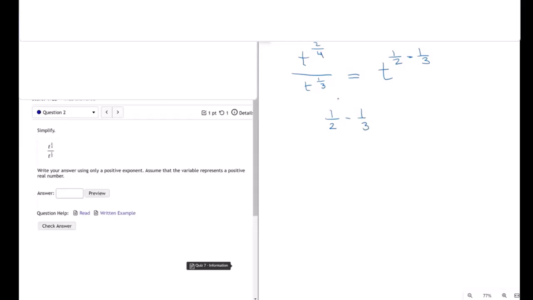My common denominator would be 6. So I'm going to multiply this by 3 over 3, this by 2 over 2. I end up with 3/6 minus 2/6, which equals 1/6. My final answer would be t to the 1/6 power.